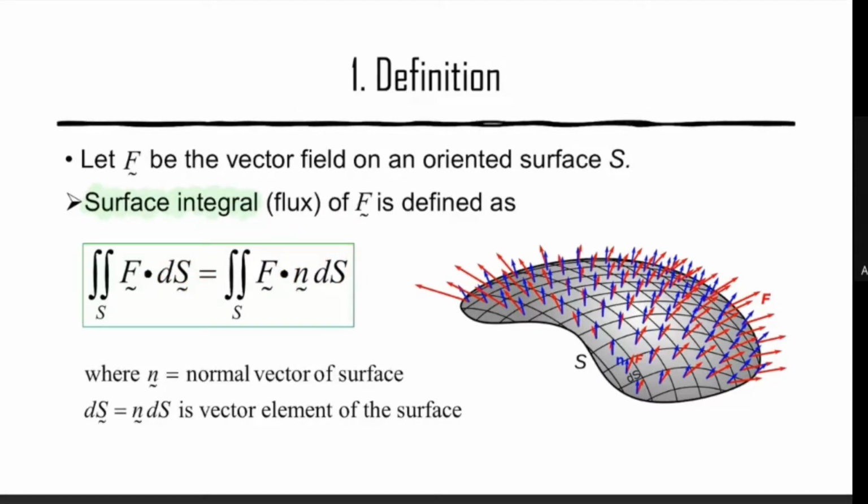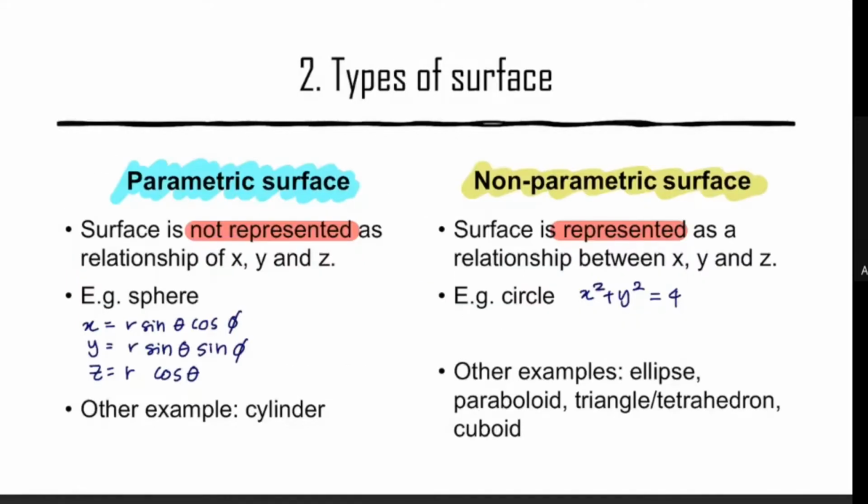Okay, so to calculate surface integral of flux, we must have the vector and the normal vector of the surface, and also the limit. Since we are dealing with surface, the type of surface is very important. We have parametric surface and also non-parametric surface.